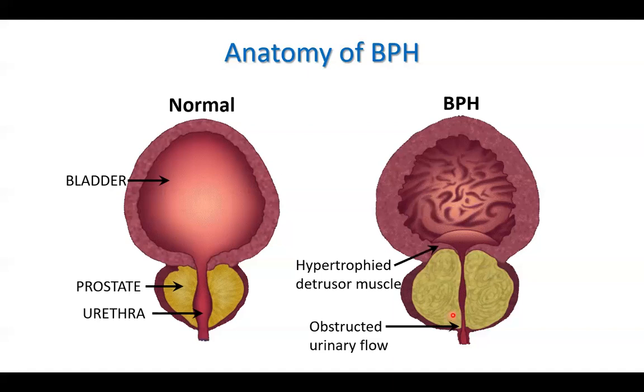That increases the pressure in the urinary bladder and leads to hypertrophy of the detrusor as well. At the same time, this enlargement is also compressing the urinary bladder, especially in the neck area, and that produces irritation of the bladder. So these patients have both obstructive as well as irritative symptoms, though the obstructive symptoms predominate.